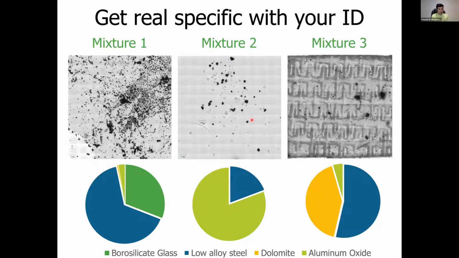For example, in mixture 2, we only have aluminum oxide and low alloy steel. That means that the failure has happened in part of the structure that is built from aluminum oxide and low alloy steel. And the failure was probably more severe in the parts that were made out of aluminum oxide. And then in mixture 2, the kind of failure had no effect on the parts that were built from glass or dolomite.